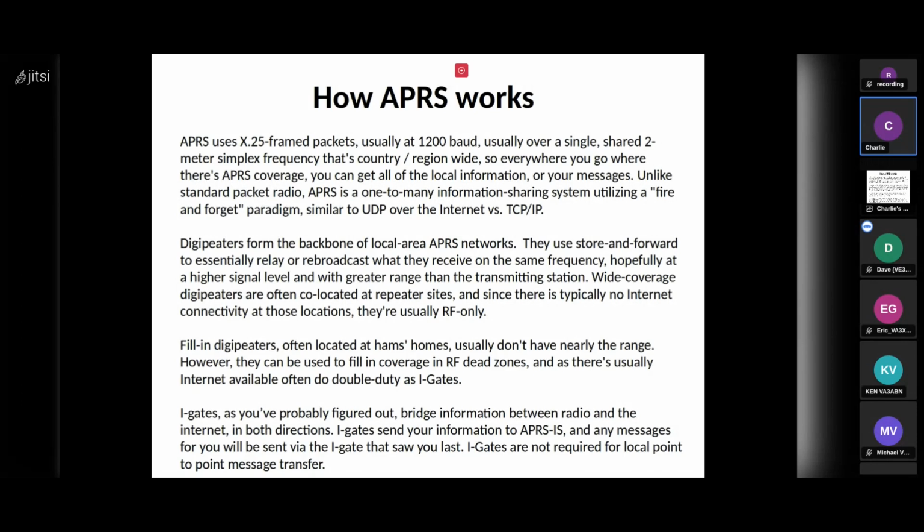And when I send a message to APRS-IS, it has my location and it knows which iGate I've sent that message through. So if there are any messages waiting for me in the system, they'll be sent back to that iGate I accessed, and then it will be forwarded on to my radio.